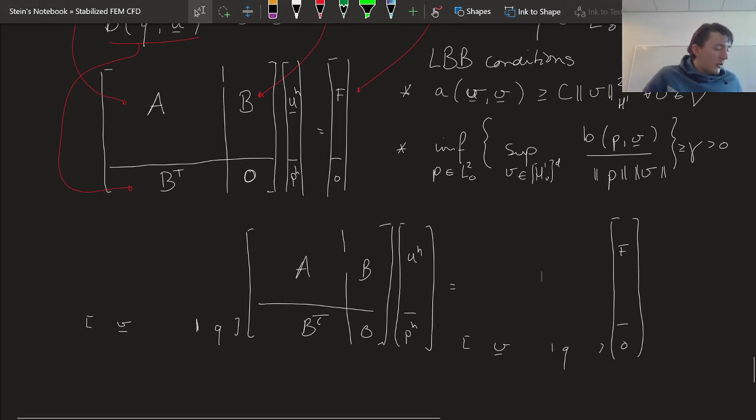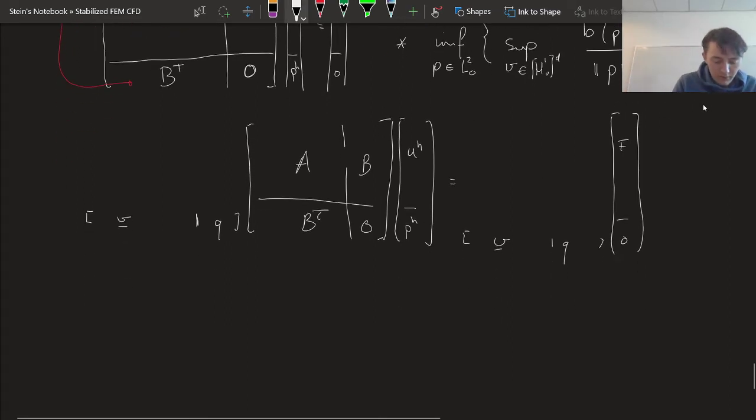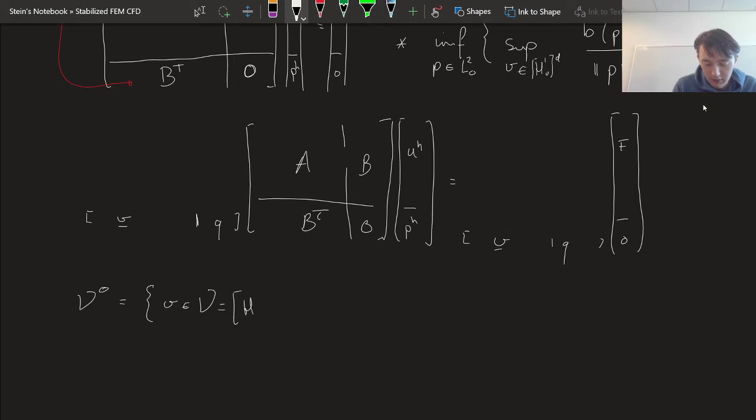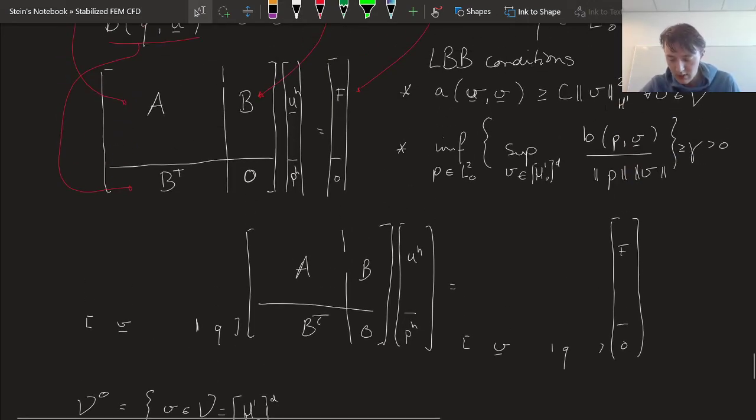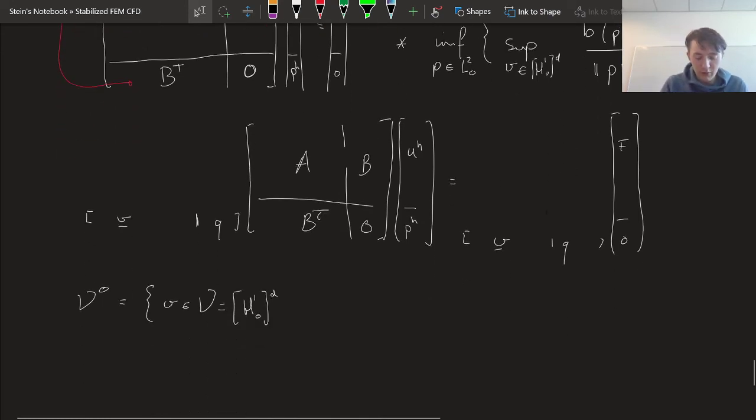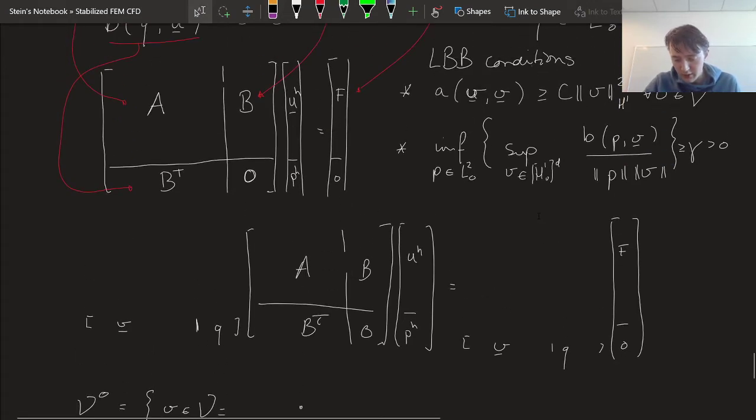Okay, so then let me again rehearse what this space V0 was. V0 was the space of all functions v in V, which was H1,0,D, but then a discrete approximation of that. Let me actually not write that.